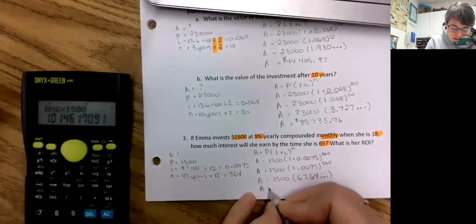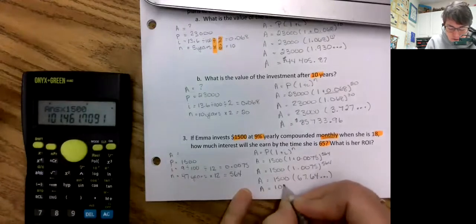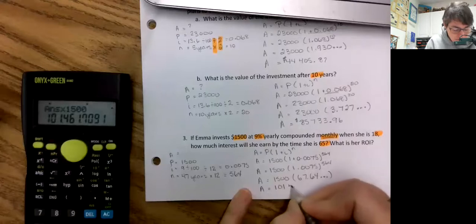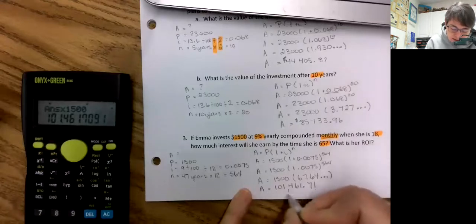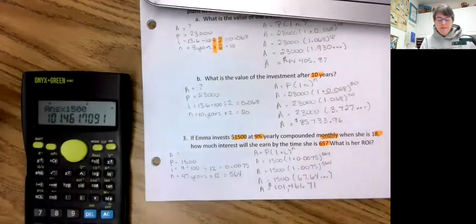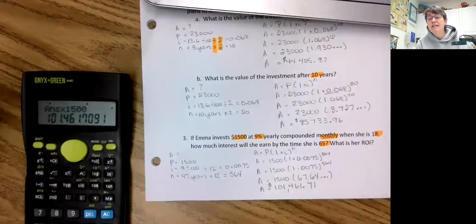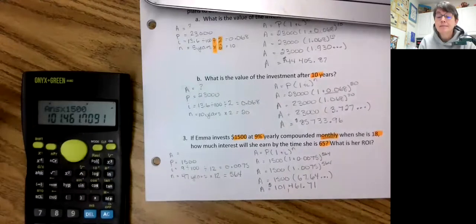So answer is equal to 101,461.71. So she's got $100,000 in there just by putting the money in and saying bye-bye, letting it sit. Pretty cool.